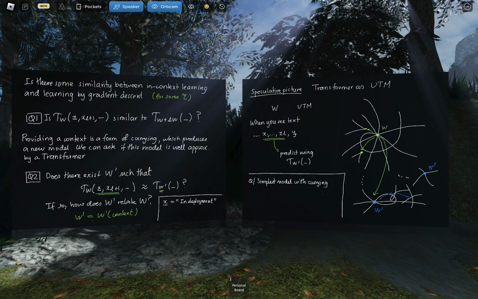For example, let's say you have two inputs and you're learning a linear function. Then the first input takes you to a particular slice of that function, which is going to be another linear model, and thus determines which subregion you're in and how you respond to the second input.